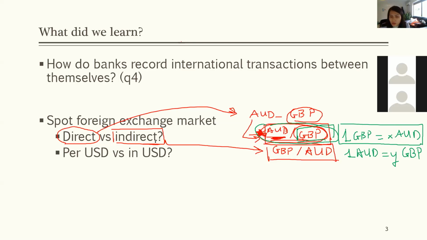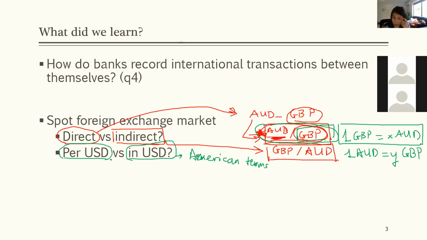We also introduced the American terms and the British terms. So in the American terms, it's in USD. So this is the American terms, where you're pricing the other currency in terms of the USD.